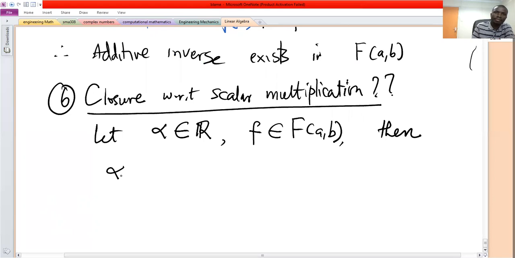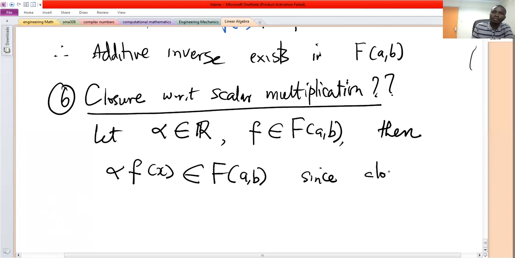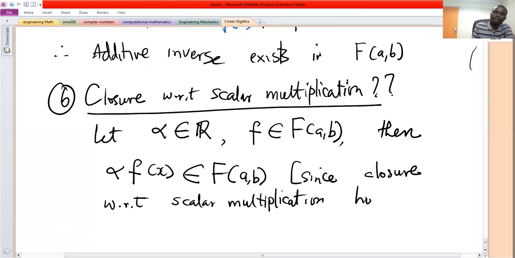Then alpha times f of x actually should be a function in this set, since closure with respect to scalar multiplication holds in R, or this is now just a real valued function within this interval.